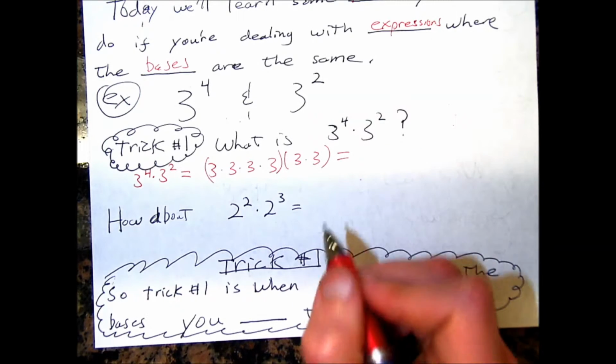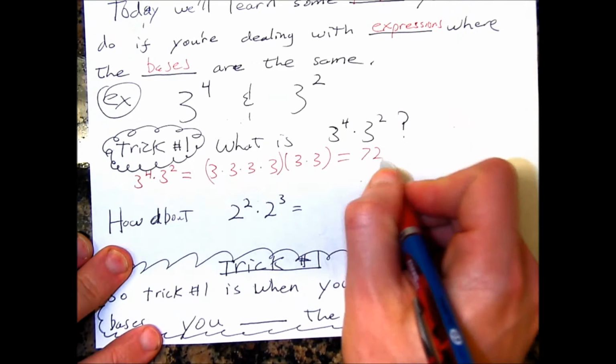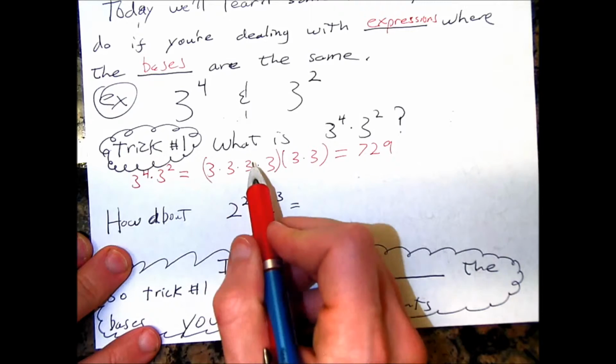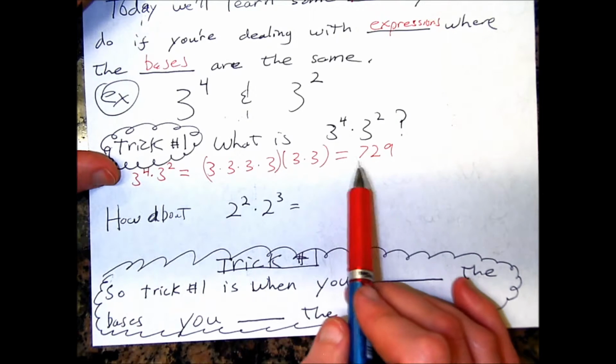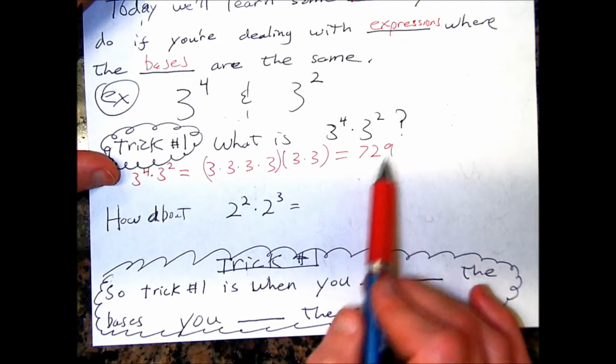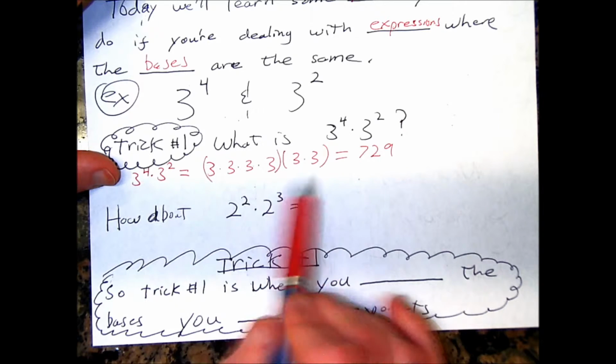Well, this turns out to be some really big number. It's 729. The point right now is not to figure out what the answer is as far as multiplying everything, but what's a better, more condensed way to write it?